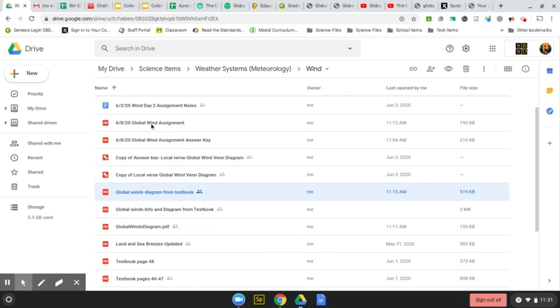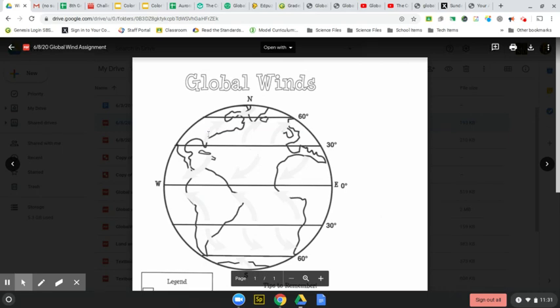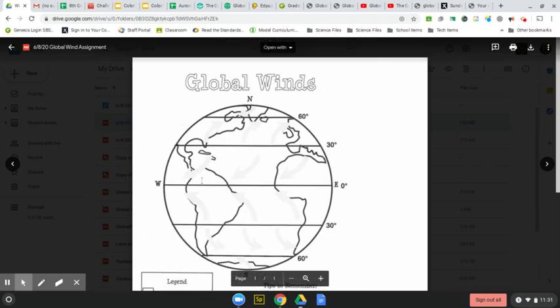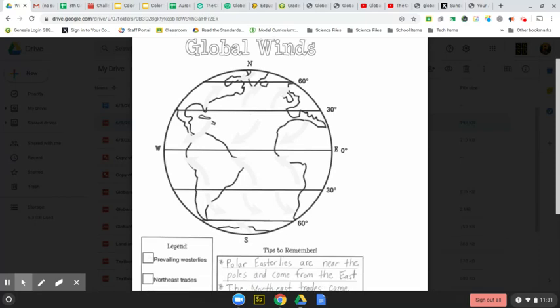And let's see, here it is. All right, so this is the assignment for today. It's kind of a blank winds diagram. And you're going to use the Kami, K-A-M-I extension that's on Google Classroom. And we're going to give this a try. I hope it works out.